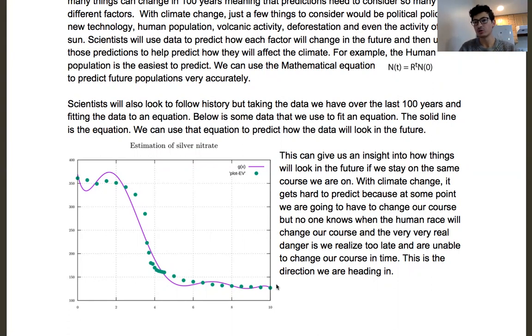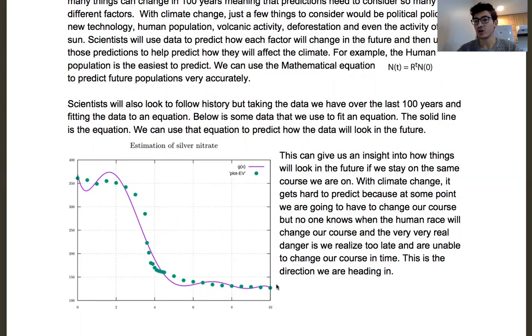But we can use this model to predict what the data will look like in the future. So let's say if we extended this model to 20, we could get a prediction of what this data would look like at 20 instead of just at 10. We can do this with climate change or with anything else we're predicting, to help us figure out what things are going to look like in the future.